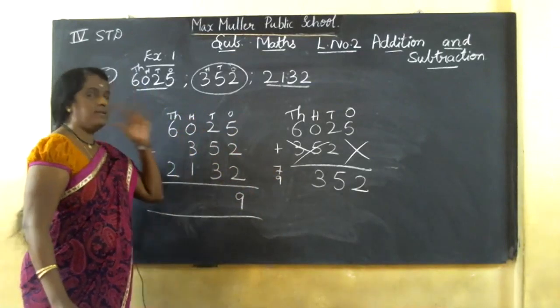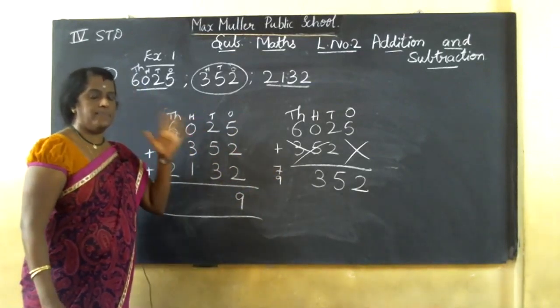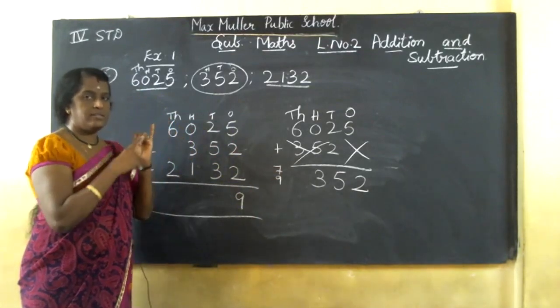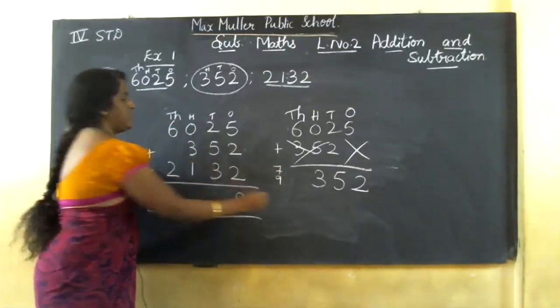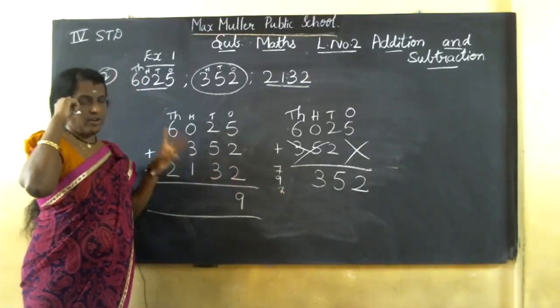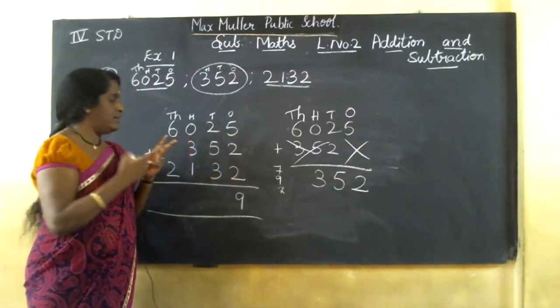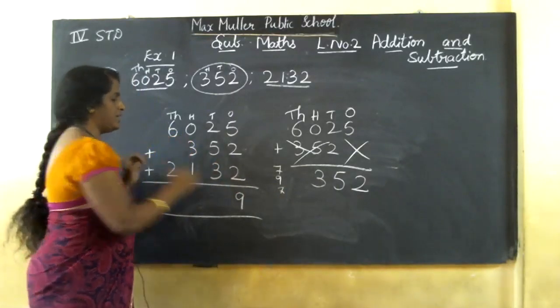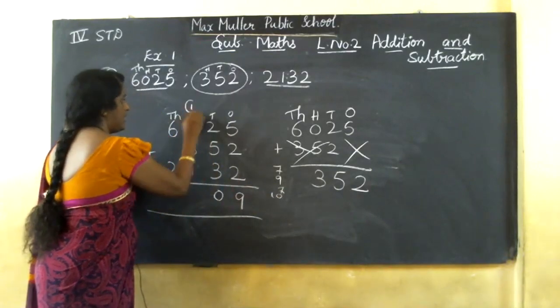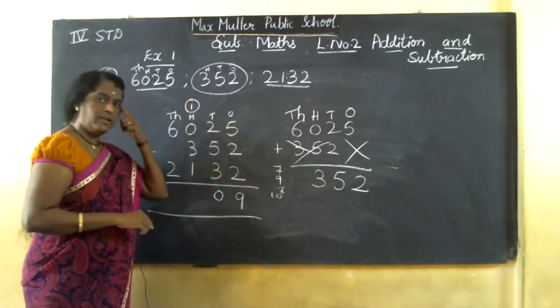2 in the mind. 5 on my finger. After 2: 3, 4, 5, 6, 7. 7 it came. 7 in the mind. Last number. 3 on my finger. After 7: 8, 9, 10. Two numbers, 0, 1 carry. 0 in the mind, 3 on my finger.